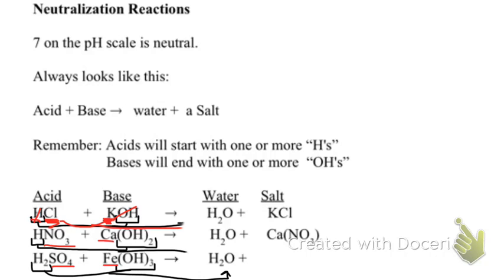Fe is the first thing in its compound, so Fe is going to be the first thing in our new compound over here. Oops, you could slightly see the 2 there. Remember, we're going to worry about that later. Right now, all I want you to do is be able to recognize that we're going to have Fe and SO4 in the next compound. So there's my Fe, and here's my SO4. SO4 will also get something else, but that is not important right now.